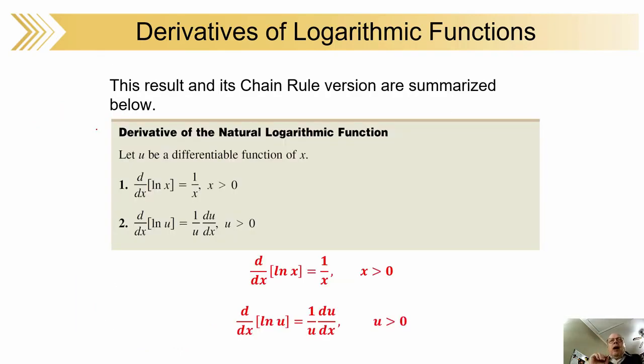So, here are two things for you to remember. Number one, if all you've got is just the natural logarithm of x, your derivative is 1 over x, what we just saw. If you've got an inside function, u, then you still do it sort of like this one, except remember the chain rule. So you have to take the derivative of that inside function, du dx.